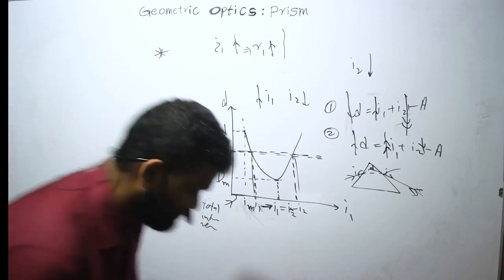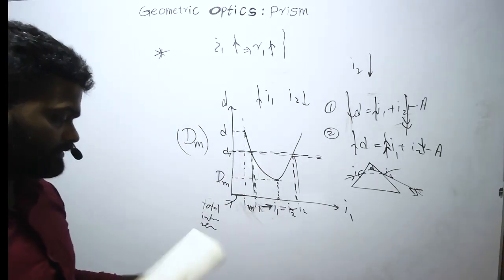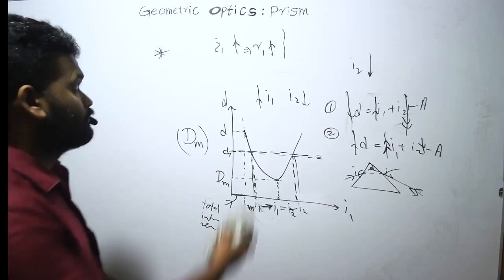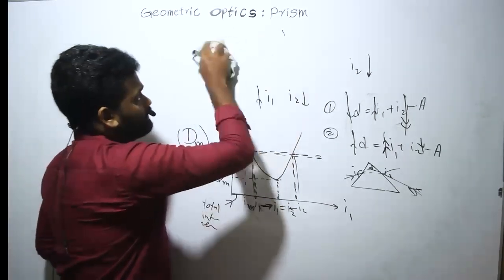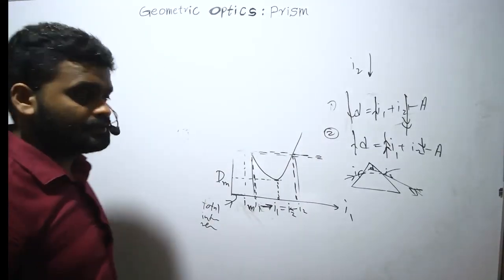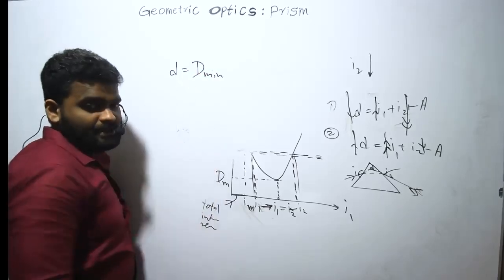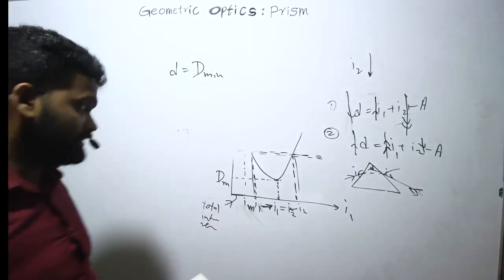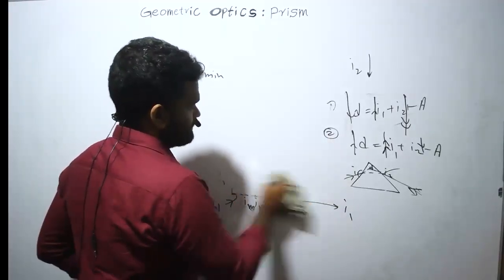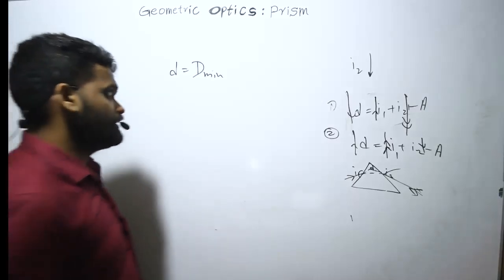Okay, put a point and write down: when simple d equals d min, I1 equals I2.